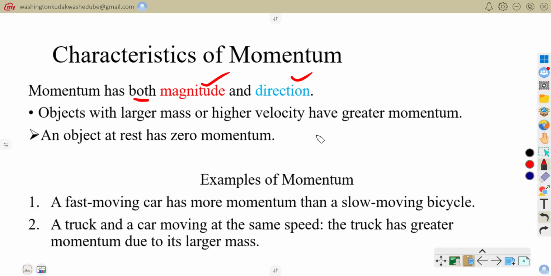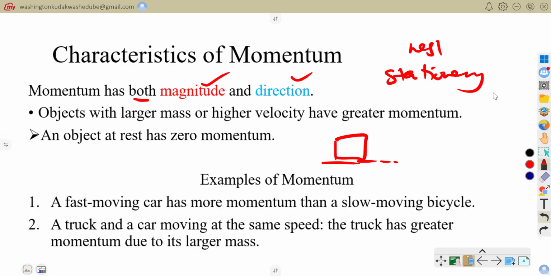Also, whenever an object is at rest, when an object is not moving, let's say you have an object that is stationary, just know that because there is no motion, there is no velocity. Therefore, the momentum of that object would be zero.